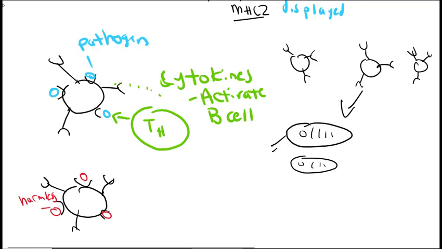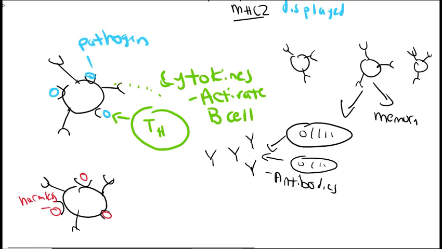And remember, plasma cells are going to secrete antibodies. And these antibodies are going to go off and fight the pathogen. You can refer to the antibody video that I also made. Then some of the B cells are going to form memory B cells.